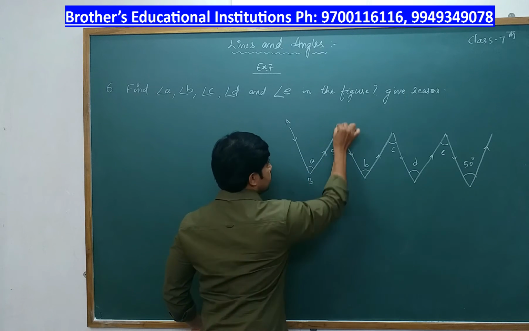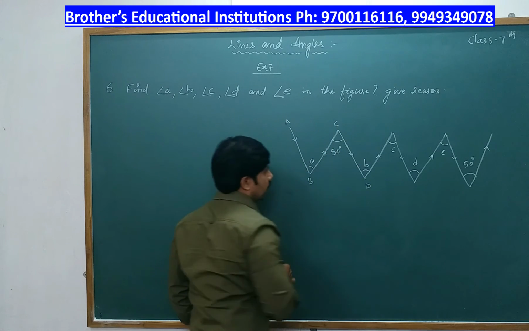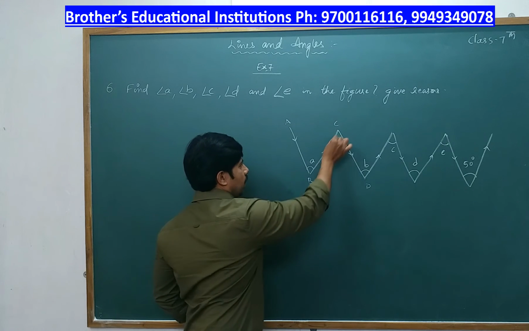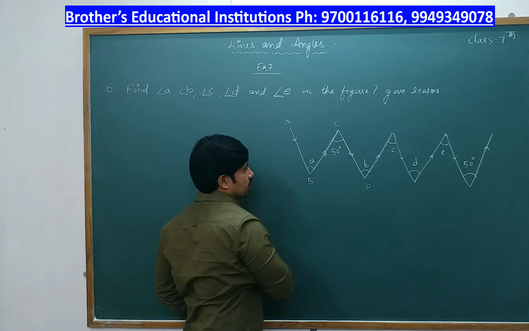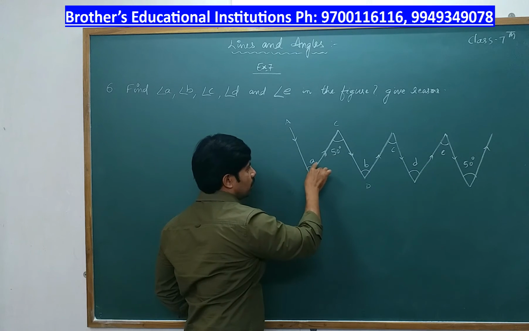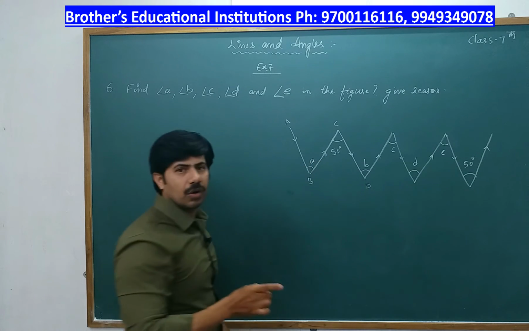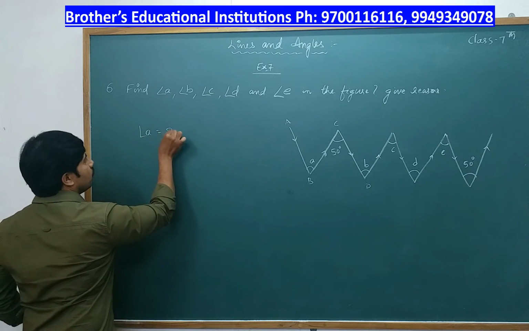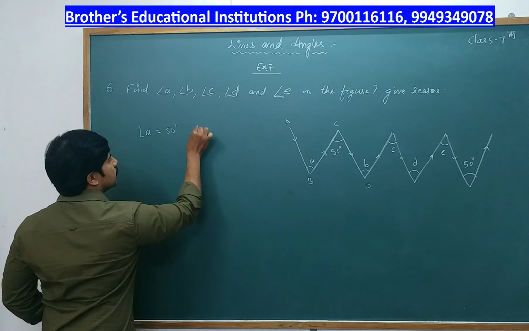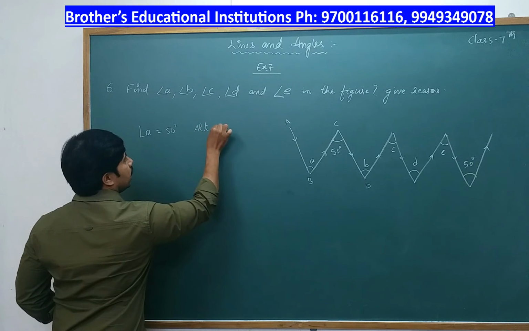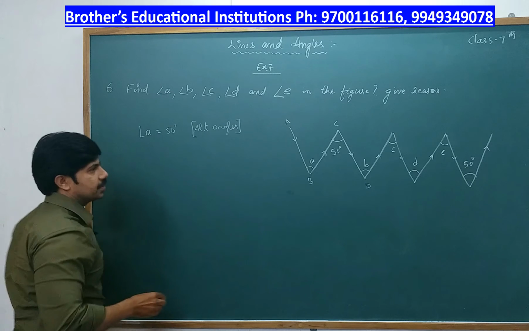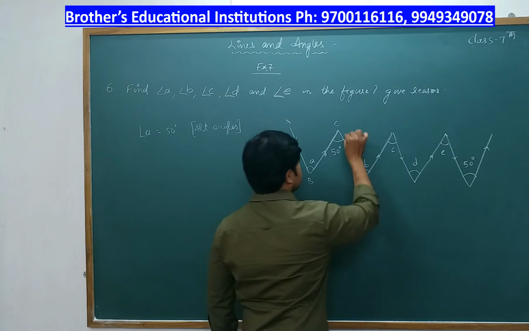If you take AB parallel to CD, and BC is the transversal, then A is equal to 50. Why are they equal? They are alternate angles. So angle A is equal to 50 degrees. The reason is alternate angles.